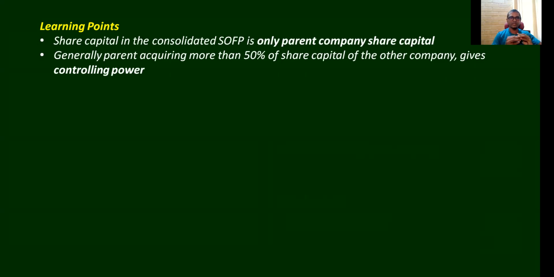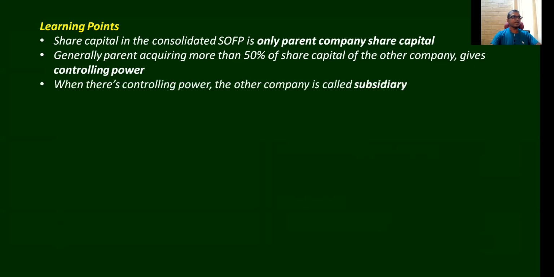So for now, more than half of the shares, say 51% or 60% or 70%, roughly gives you controlling power. So you are parent, the other company is subsidiary. When there's controlling power, the other company is called subsidiary, that we know already.